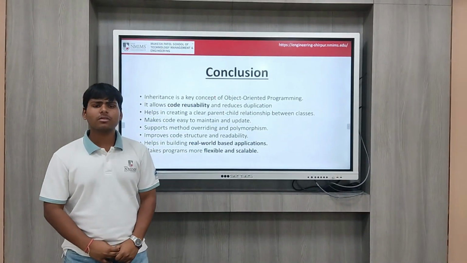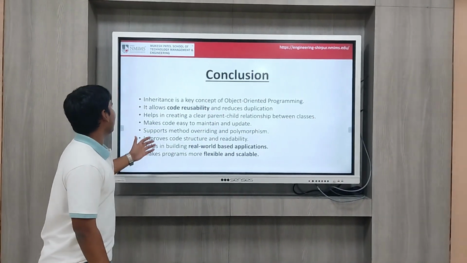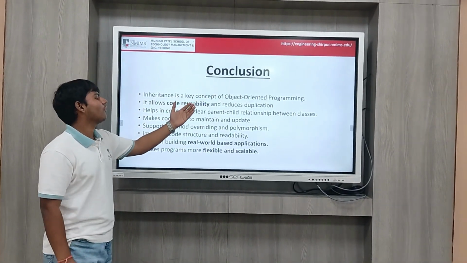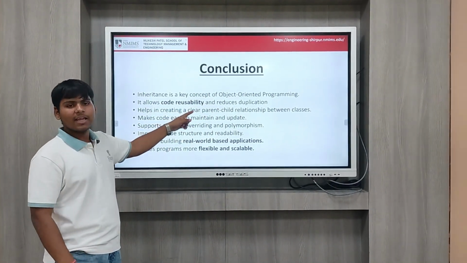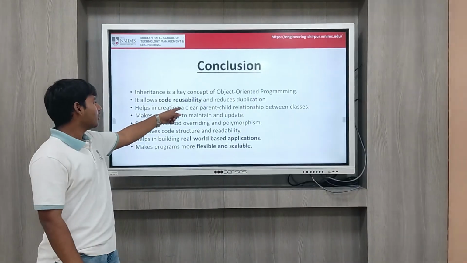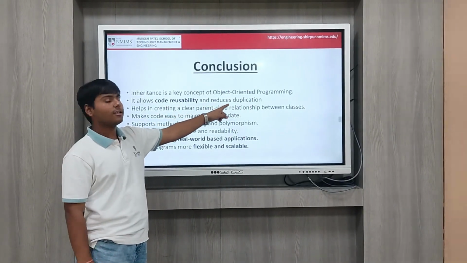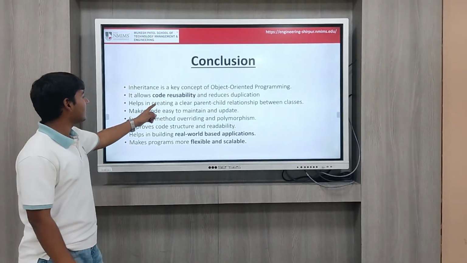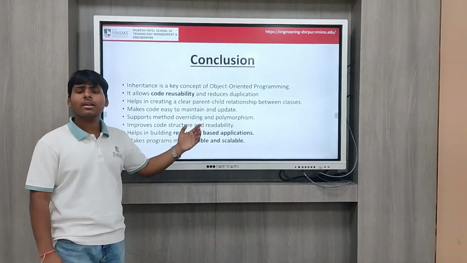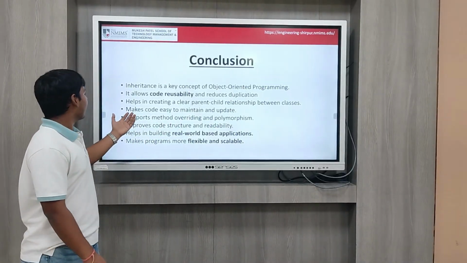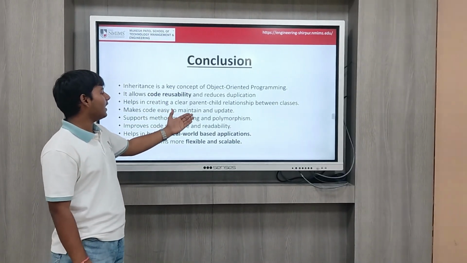So the conclusion of all this is that inheritance is a key concept of object-oriented programming. It allows code reusability, like my friend Abhishek explained, and reduces duplication. It helps in creating a clear parent-child relationship between classes, which we saw in types of inheritance. It makes code easy to maintain and update.